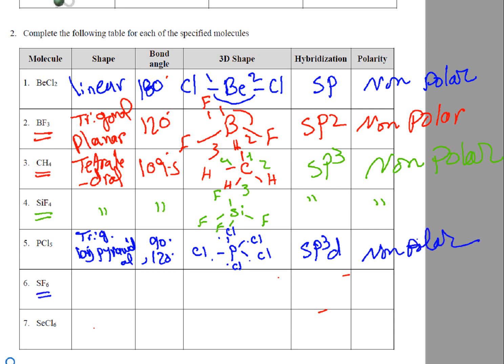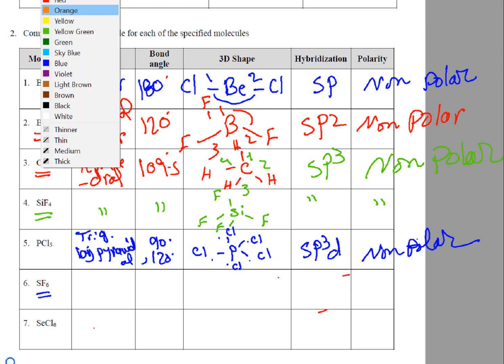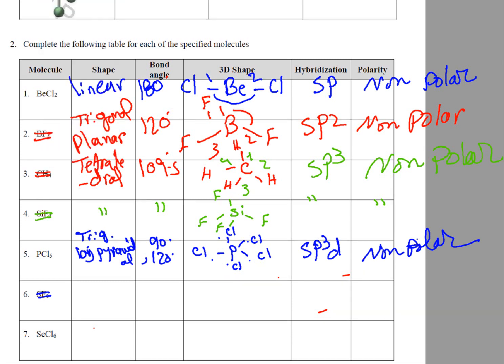SF6, sulfur is in group 6. Yes, that's true, it's in group 6.